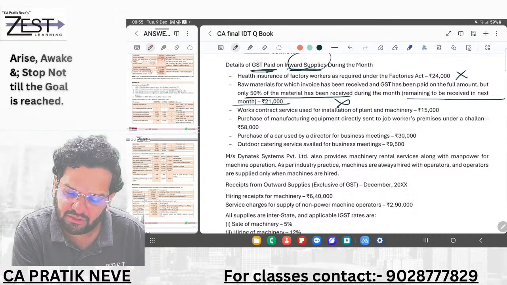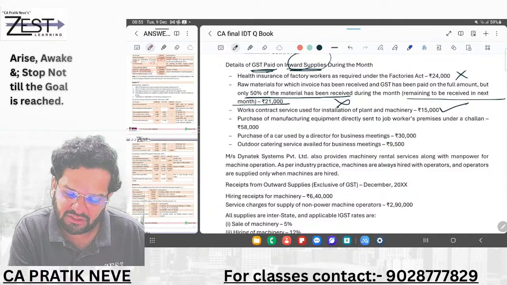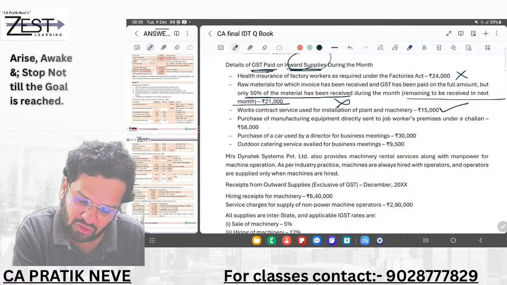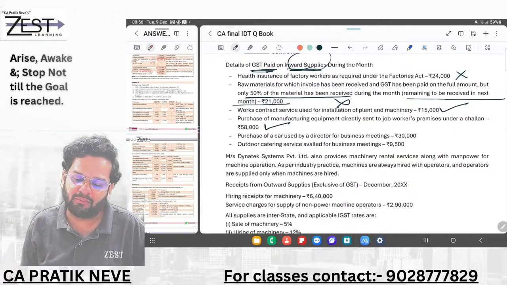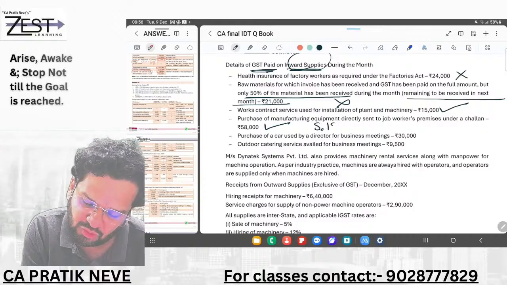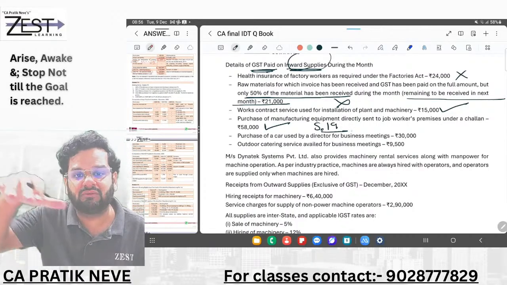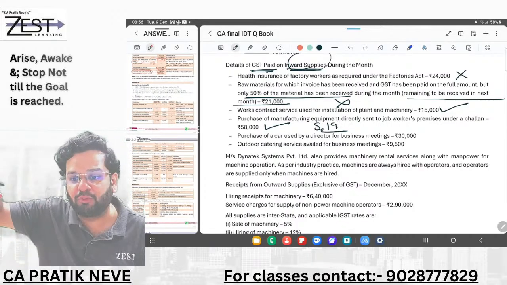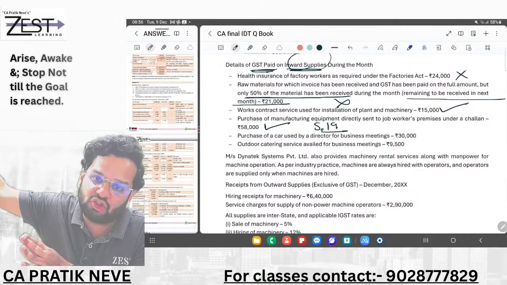You cannot claim ITC because goods are received in lots or installments. Works contract service used for installation of plant and machine, you can take. Purchase of manufacturing equipment directly sent to job worker, this also you can take ITC. No problem. Section 19 allows you to take ITC of capital goods or inputs which are directly sent to job worker.